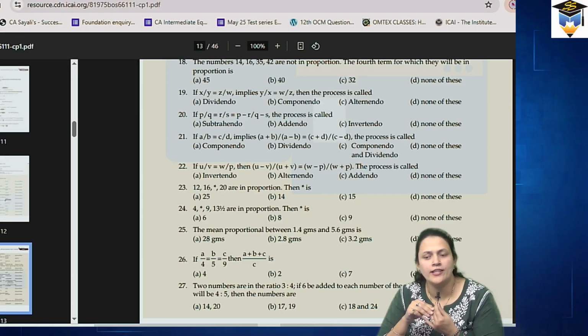Okay, now 20th. Subtrahendo, option A. Then which is the property that is used?